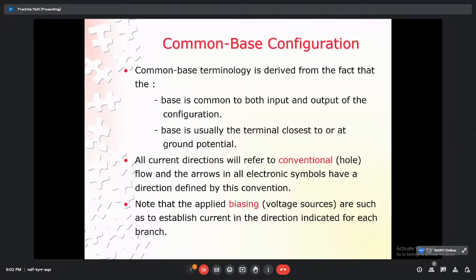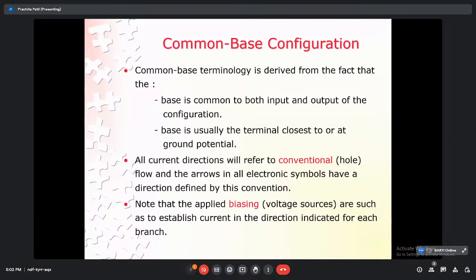So let us come back. As I have mentioned, there are three different types of configurations: the common base configuration, the common emitter, and the common collector configurations. Common base terminology, as we know, how it is derived: in the very first slide I mentioned that a transistor is a three-terminal device.